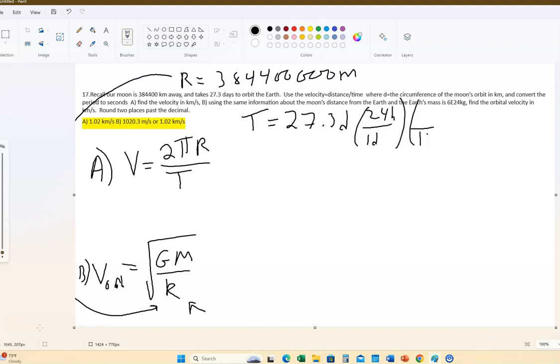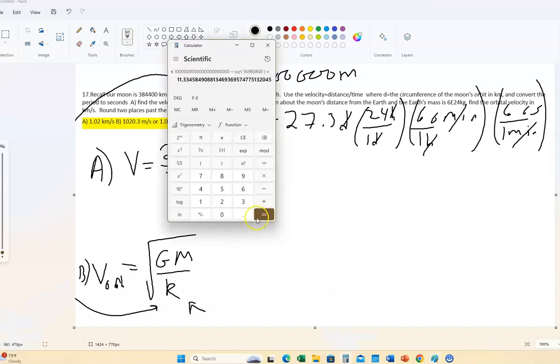In 1 hour there's 60 minutes. Remember, we use MIN for minutes, reserving lowercase m for meter. 1 minute is 60 seconds. All right, and so cross that, that cancels, that cancels, that cancels. Very nice. So let's get the period of the moon in seconds.